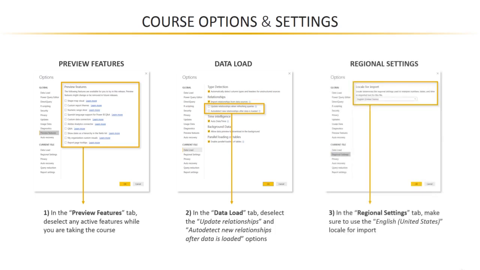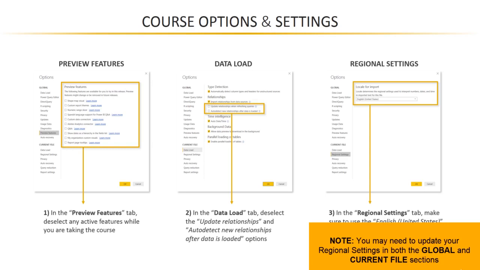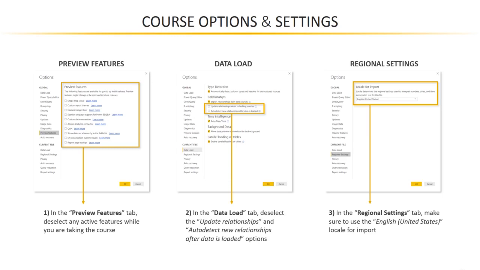And the third update we're going to make is with the regional settings. Now, this is an important one. We need to set the locale for import to English United States. The reason we have to do that is that the downloadable resource files and the CSVs that I've created for the course projects are built using English settings. So the dates are formatted as month, day, year.